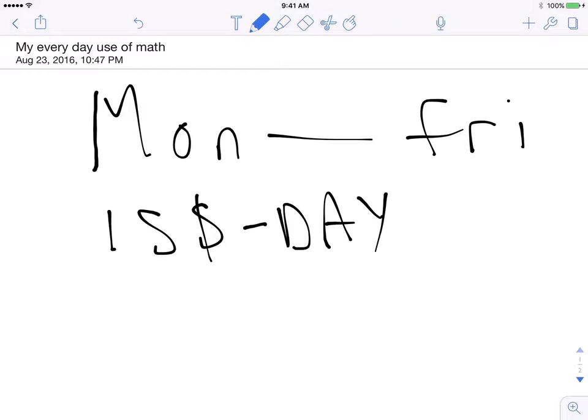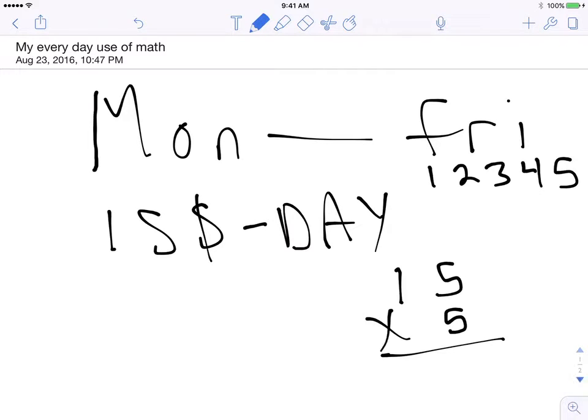Monday is one day, Tuesday is another day, Wednesday is another day, Thursday is another day, Friday is another day. So we have 5 days and I spend $15 a day on food. We're using math to figure out how much I spend per week. $75. That's a lot of money.